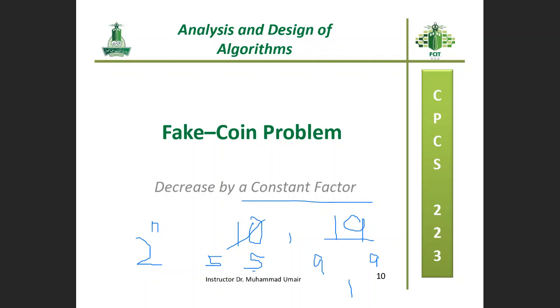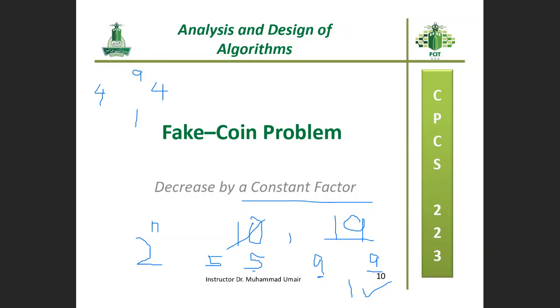In this case, if these two piles are equal in weight, then the separated coin is fake. Otherwise, any one of the sides will be lighter, and whichever side is lighter, that side has the fake coin. And you will repeat the same thing again. In the rest of the 9, again you will divide it into 4, 4, and keep one separate.